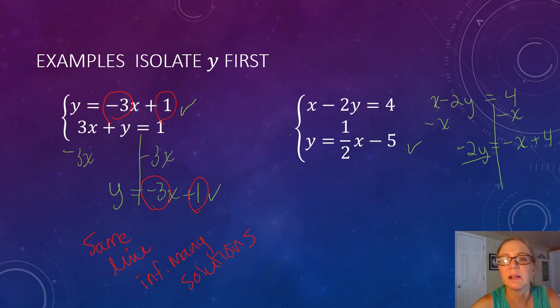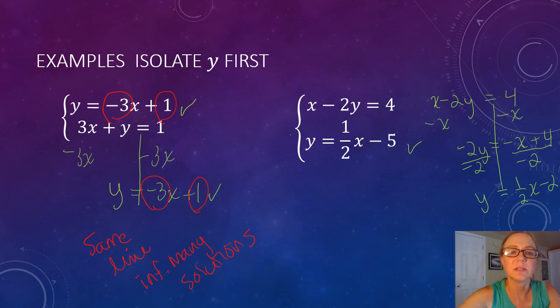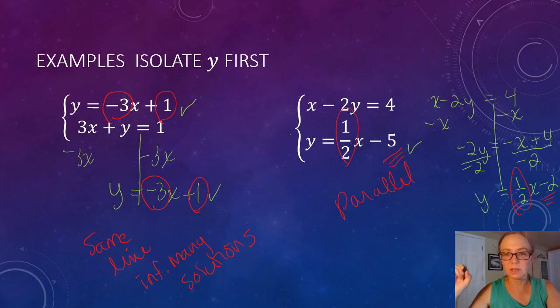Now I'm going to divide both sides by negative 2 to get y by itself, and that's positive 1/2 x minus 2. Notice I have the same slope of 1/2, but I have different y-intercepts of negative 5 and negative 2. These are parallel lines which never intersect, so the solution is no solution.